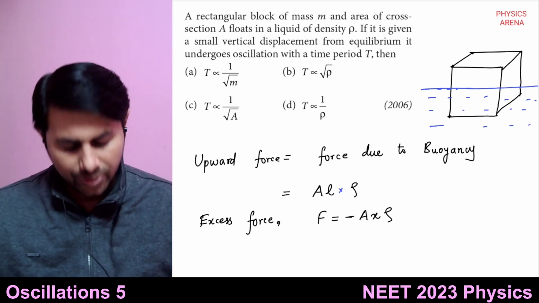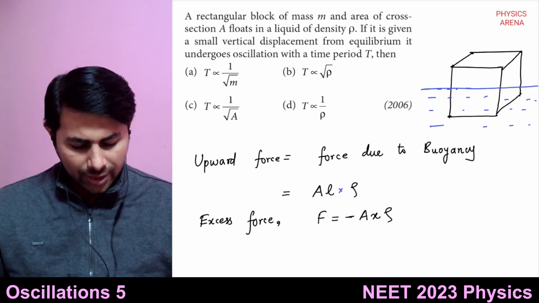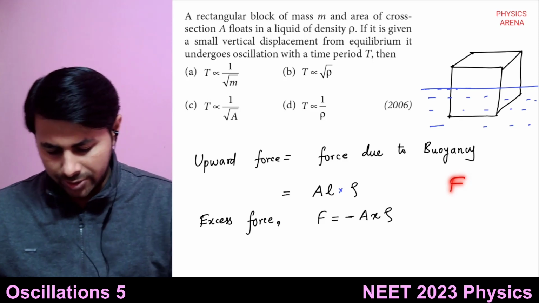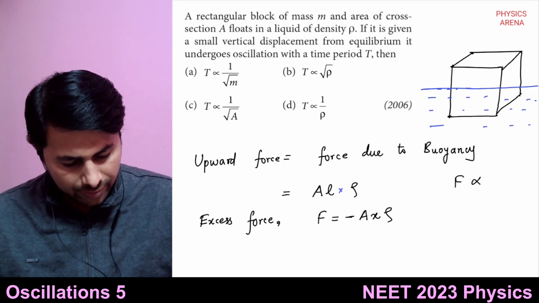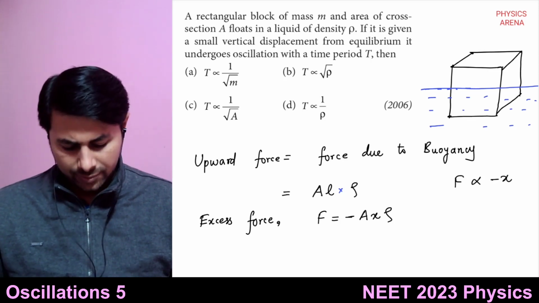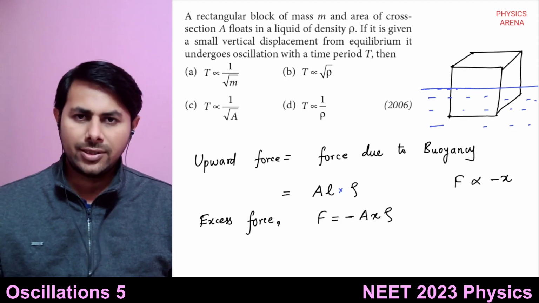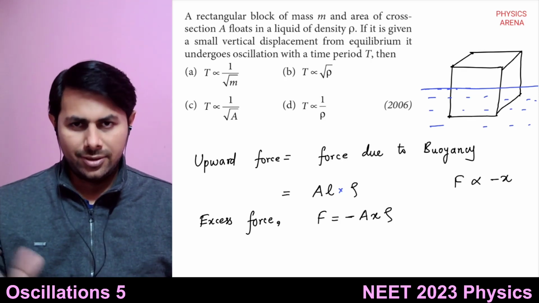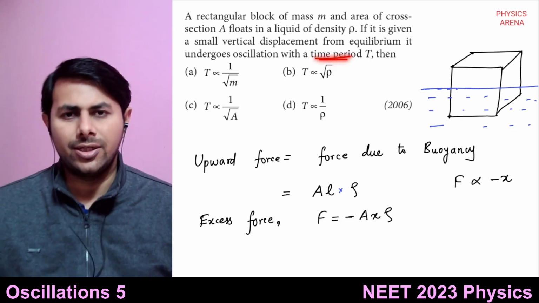That's why we put a negative sign like this. So F is proportional to minus x, right? The more you push, the more excess force there will be due to buoyancy. And because of that it will oscillate, right? So we want to find the time period of that oscillation.